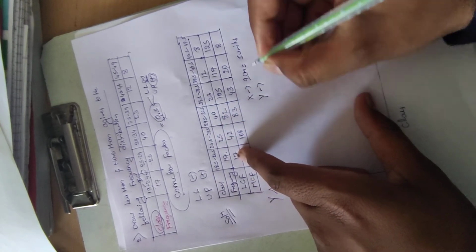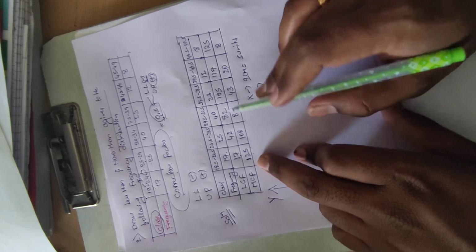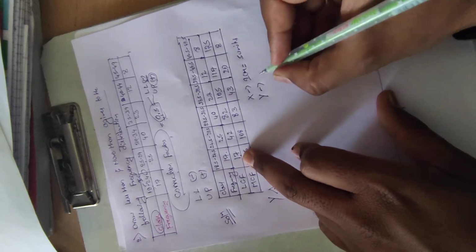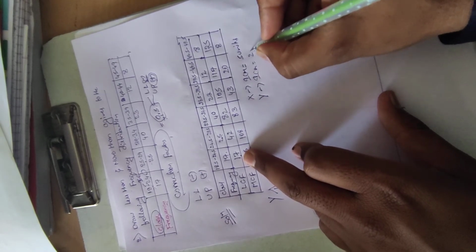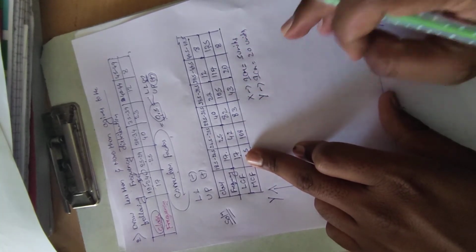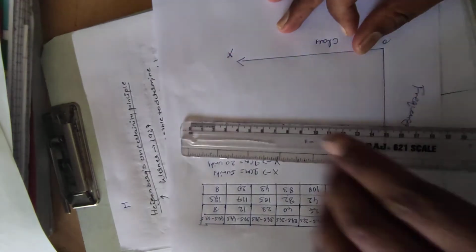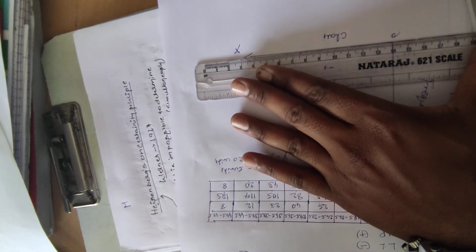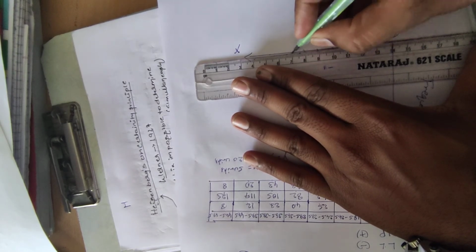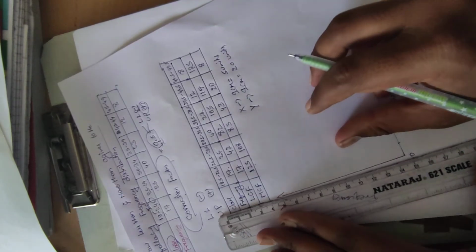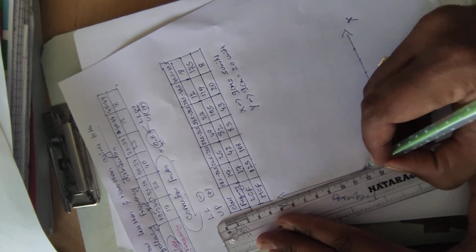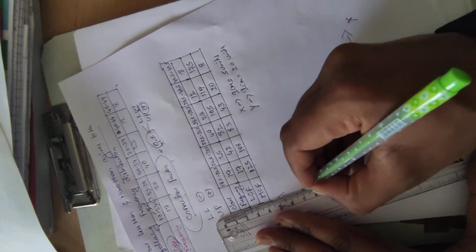In y axis there is a huge difference, because MCF and LCF both we have to cover. 125 is the maximum, minimum is 17. So I will take 1 centimeter is equal to 20 units, based on the given information. 1, 2, 3, 4, 5, 6, 7, 8, 9. 1, 2, 3, 4, 5, 6, 7, 8.